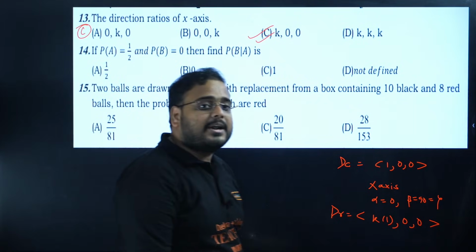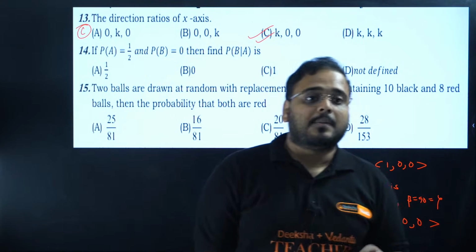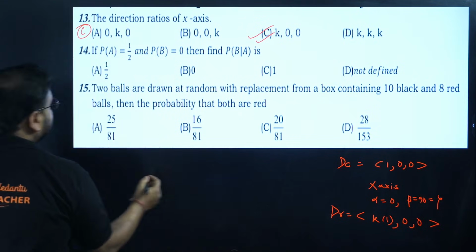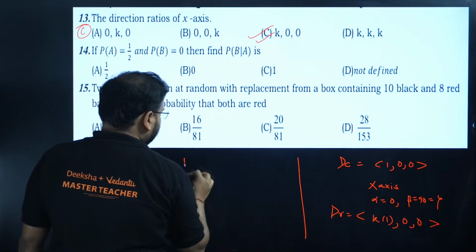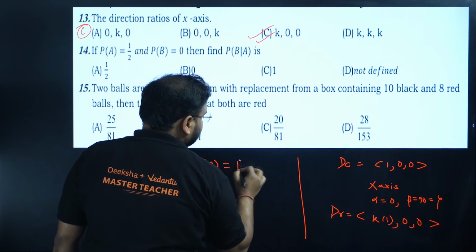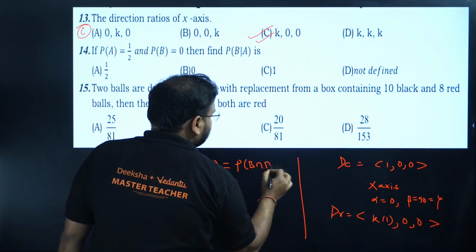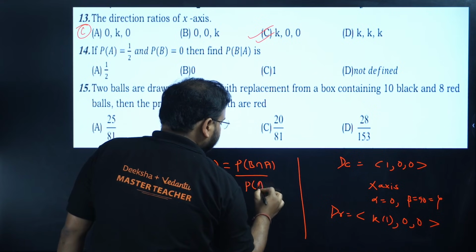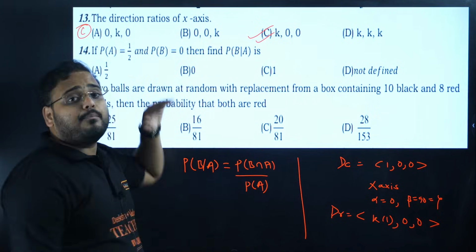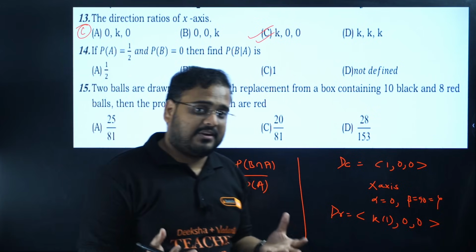P of A is 1 by 2, the probability of an event is 1 by 2, P of B is 0, then find P of B given A. This is the conditional probability: P of B, provided that event A has already occurred, is given by P of B intersection with A divided by P of A. Now, event B is an impossible event, think about it.